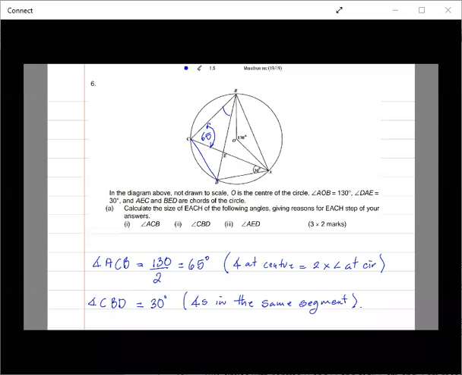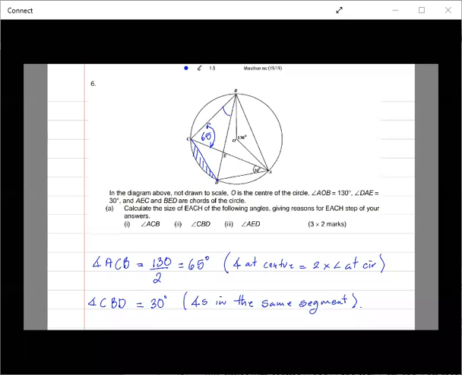Now a chord divides the circle into segments. So over here, the shaded section is a small segment, and everything over the other side is another segment. Angles in the same segment have the same starting point and the same ending point, and the angles are formed at the circumference in the same segment.